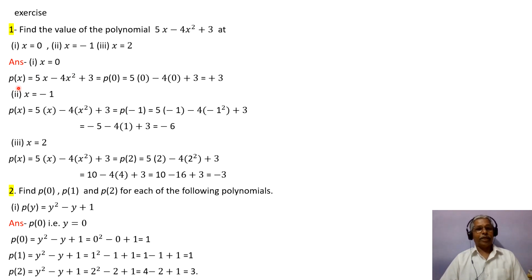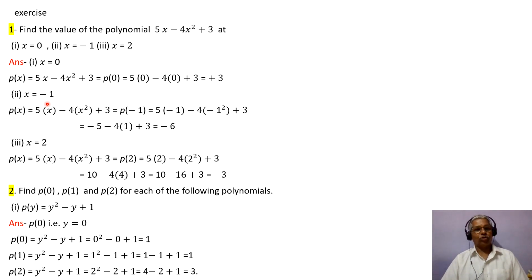Writing p(x) equal to 5x minus 4x square plus 3, I'm writing the whole expression as it is, and that is equal to p(0) because x equal to 0. So we have to substitute x by 0. So p(0) equals 5 into 0 minus 4 into 0 plus 3. So this is plus 3.